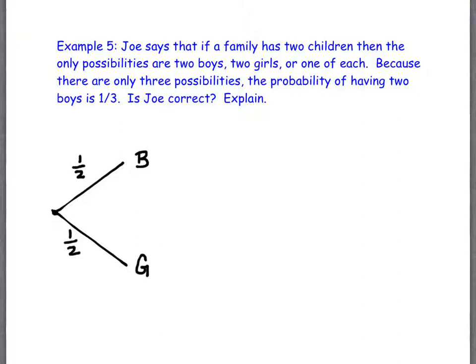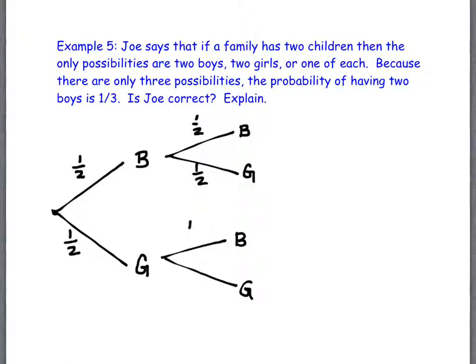No matter what we have after that, supposedly we're supposed to have a second kid, right? I mean, this is what Joe's talking about, is having 2 kids. So we have boy here, girl here, boy here, girl here. What are the probabilities along each of those branches? Still 1/2, right? Because every time I have a kid, I have a 1/2 chance of having a boy, 1/2 chance of having a girl.